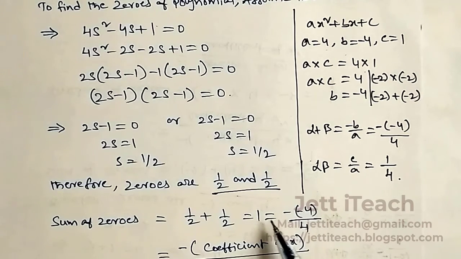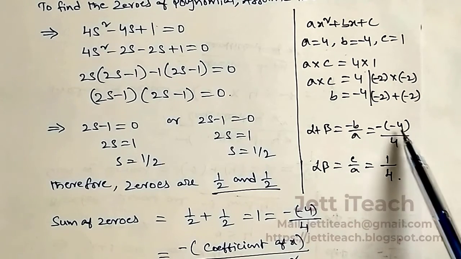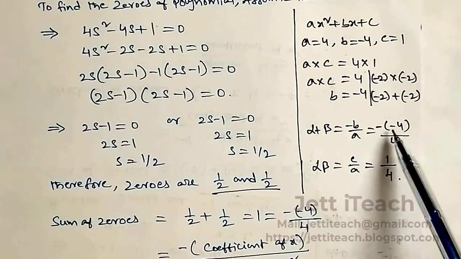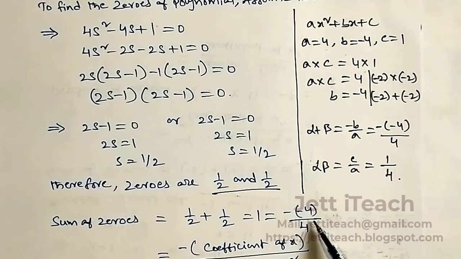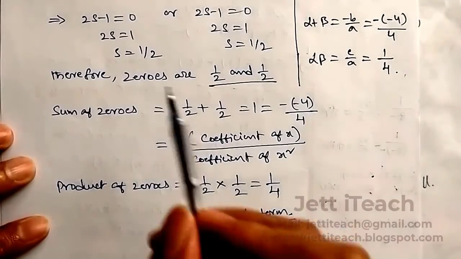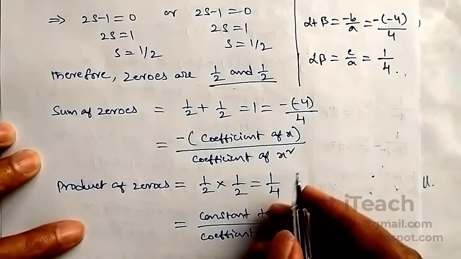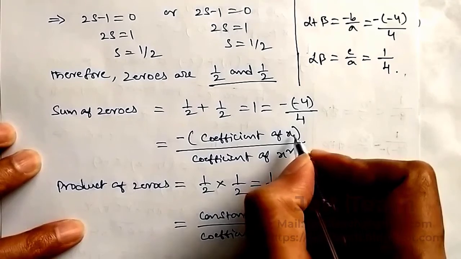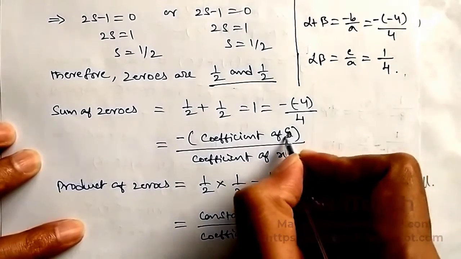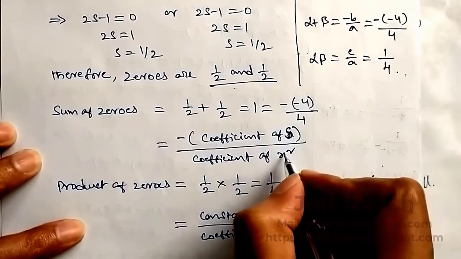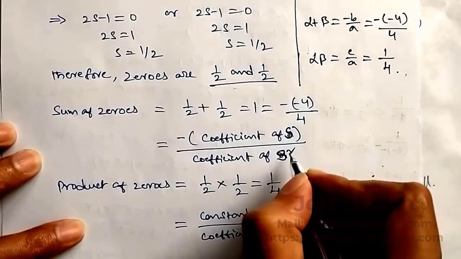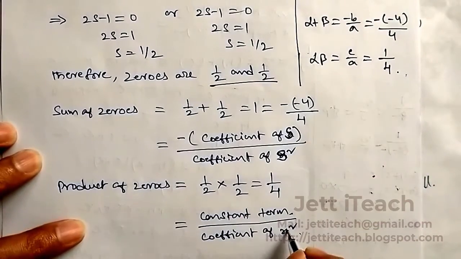We have some confusion, right? So which is nothing but 1 only. If you look at the polynomial, it is in terms of s, so we need to write the coefficient of s here. Similarly here s square, and here also it's s square.